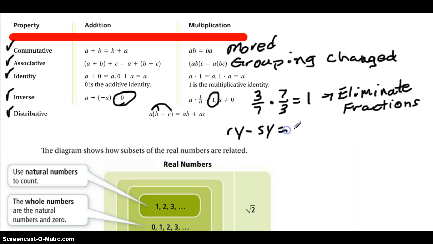So let's just say we had this equation, Ry minus Sy equals H. We can do the distributive property in reverse and, in essence, factor out this Y. And then get Y by itself by dividing both sides by R minus S.